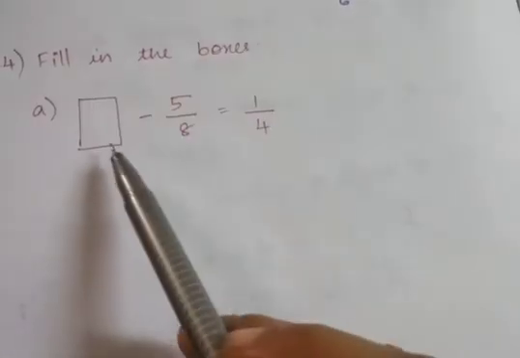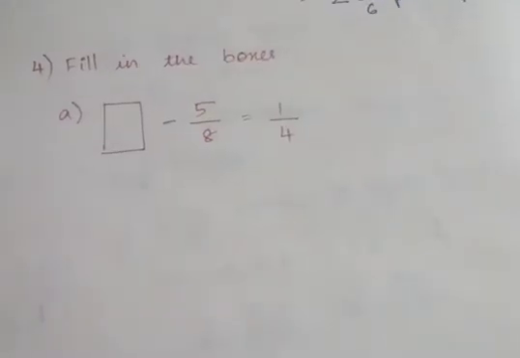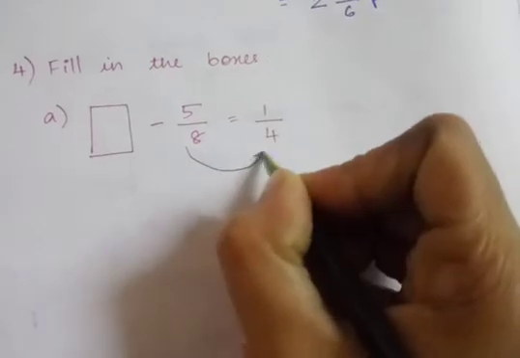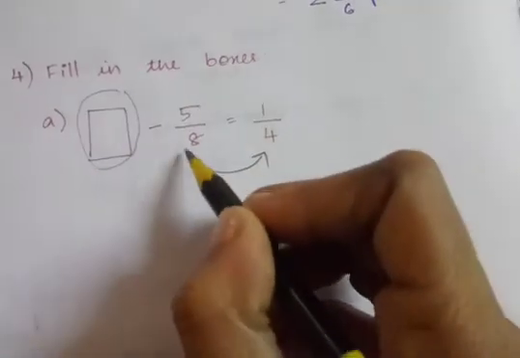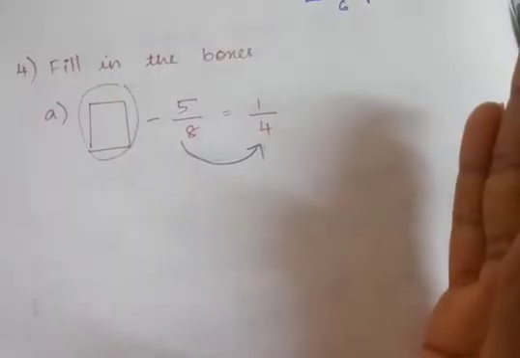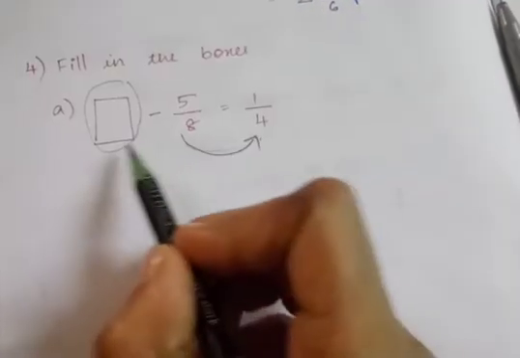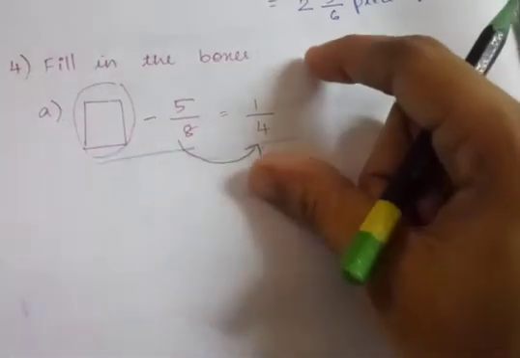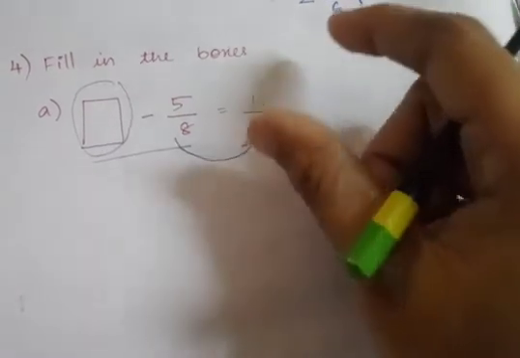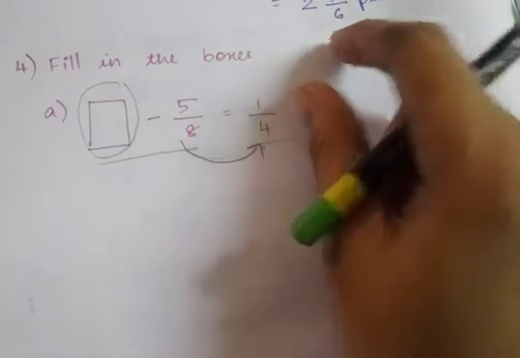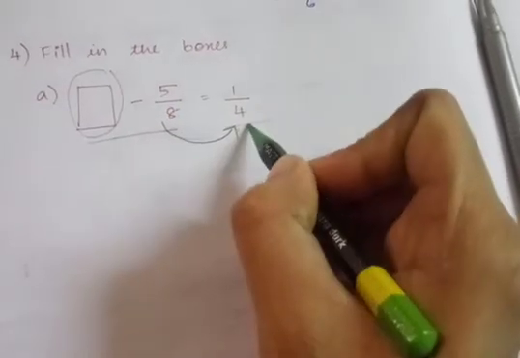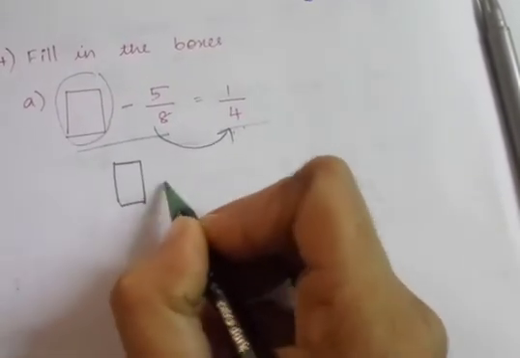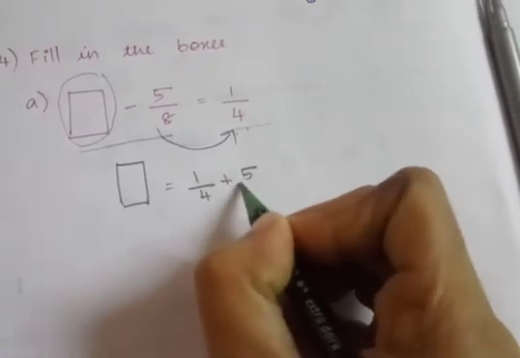If you want to find this box, I am bringing that minus 5 by 8 to this side because I want only the box. Listen, this is the LHS and this is the RHS. Whenever I shift a positive sign to the other side, it becomes negative. When I shift a negative sign to the other side, it becomes positive. So shifting this minus 5 by 8 to the other side, it becomes plus 5 by 8: box is equal to 1 by 4 plus 5 by 8.